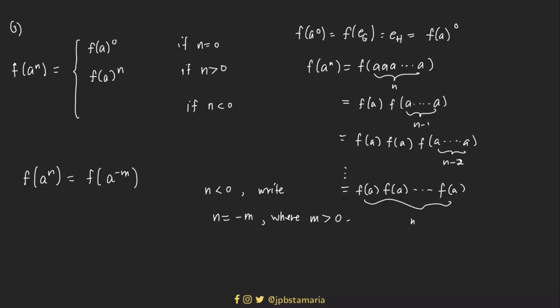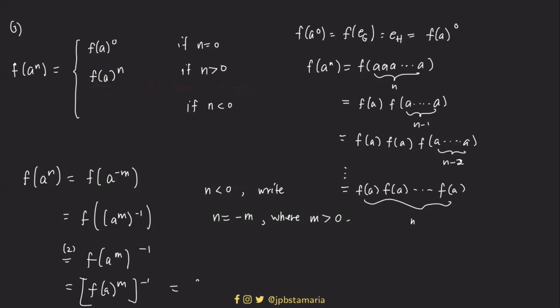Okay, ba't ko sinulat ng ganyan? Kasi ang a to the minus m, do you remember it's the inverse of a to the m? By applying number 2, pag may inverse dyan sa loob, pwede mong ilabas. Because m is positive, yung pangalawang case ay nag-hold, magiging f of a to the m, tas inverse.